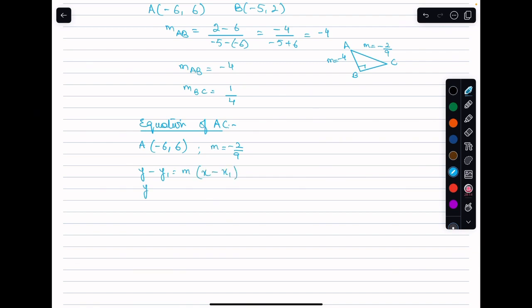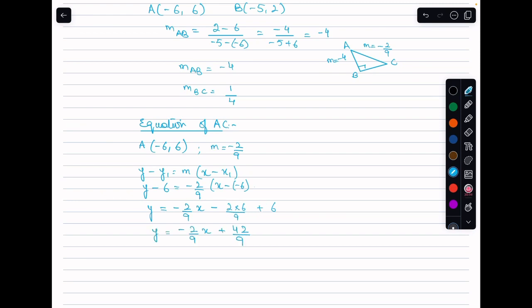So substituting the values, this is y minus 6 equals -2 by 9, and x minus minus 6. Or I can say it's y equals -2 by 9 x, -2 into 6 divided by 9, and then I'm taking -6 from the left side to the right side, changing its sign.